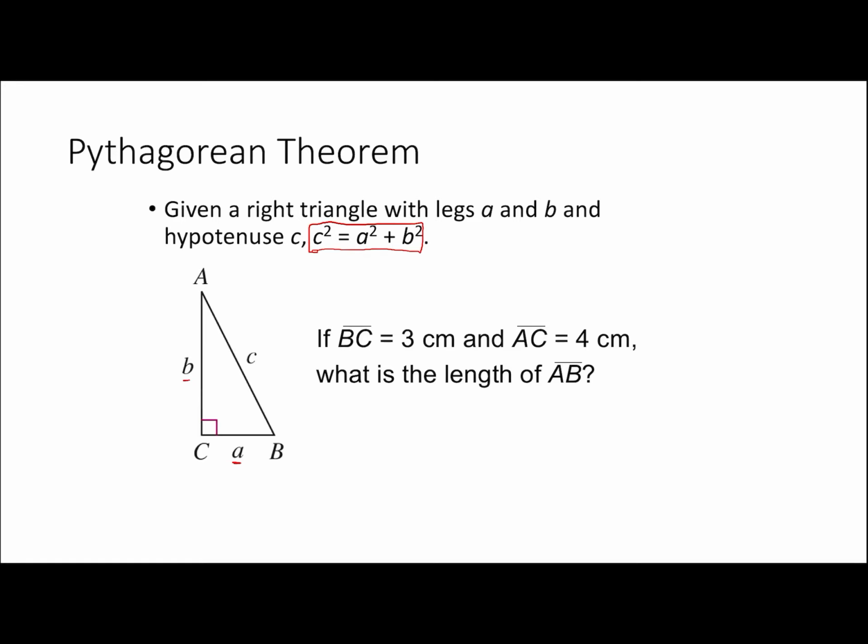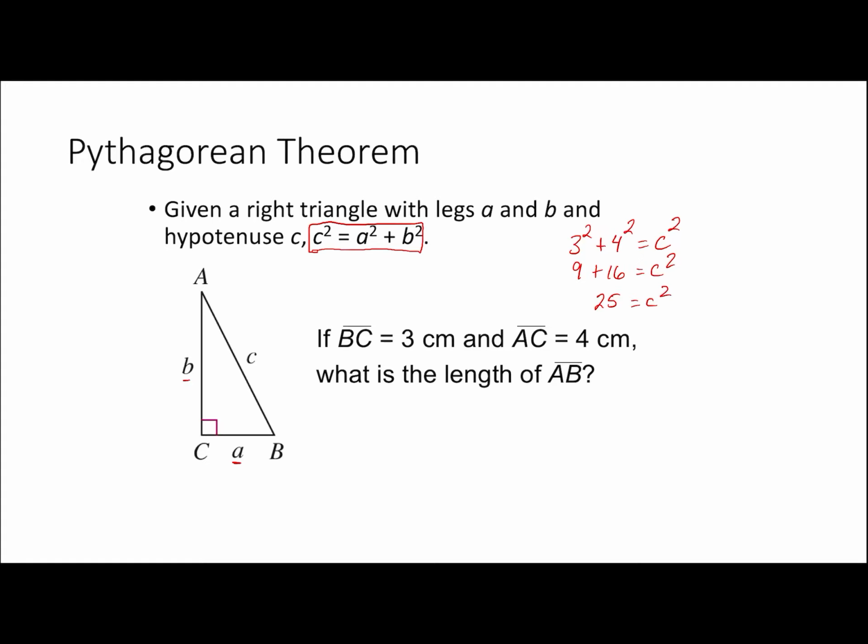A is 3, so it's 3 squared plus B, which is 4 squared, equal to C squared. We can do a little calculation: 3 squared is 9, 4 squared is 16, and 9 plus 16 is 25, which is equal to C squared.